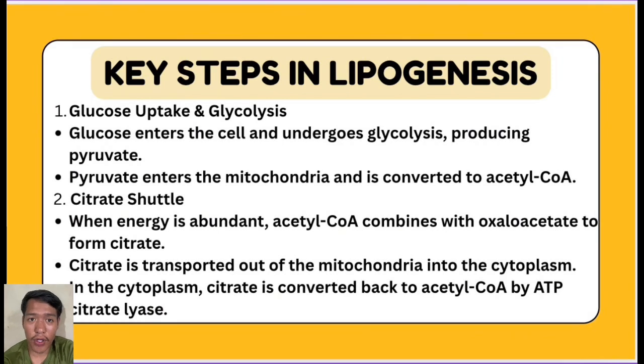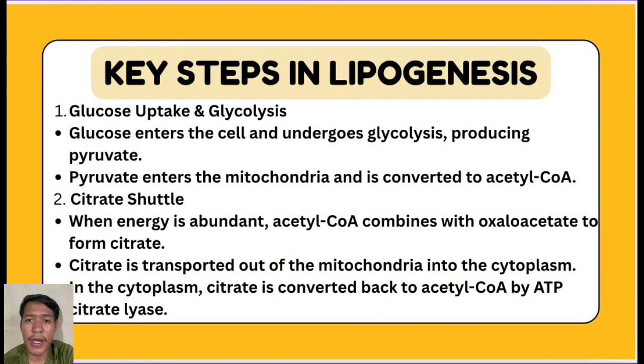Now, let's move on to the key steps in lipogenesis. So, the first is glucose uptake and glycolysis. Glucose enters the cell and undergoes glycolysis, producing pyruvate. Pyruvate, by the way, is a small but super important molecule in metabolism.